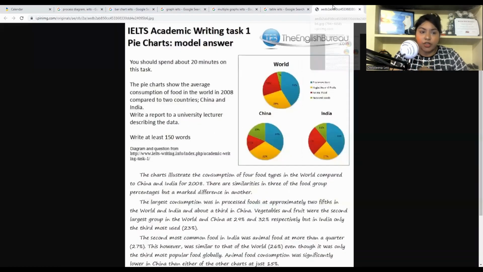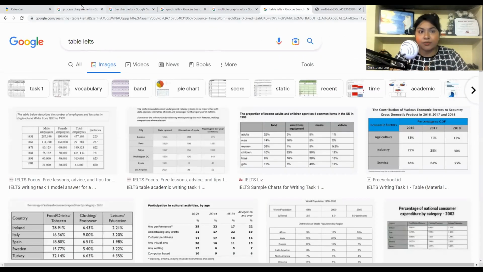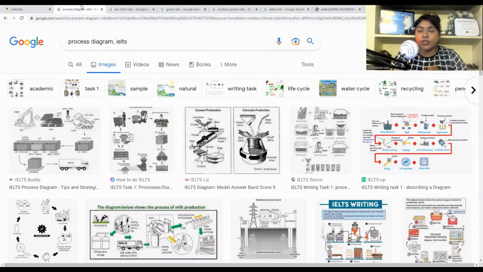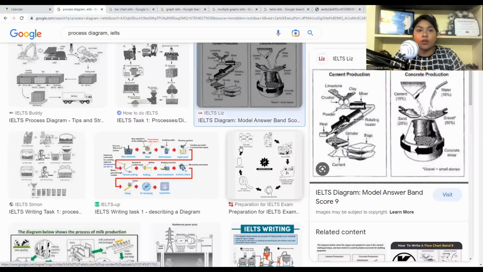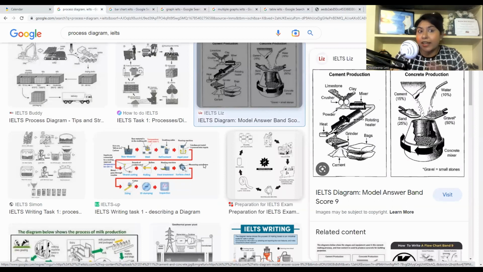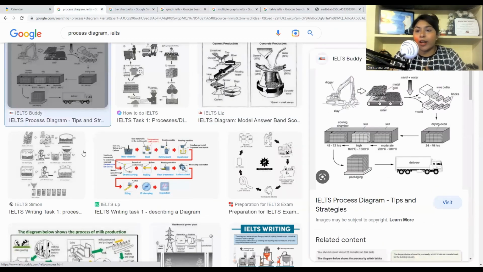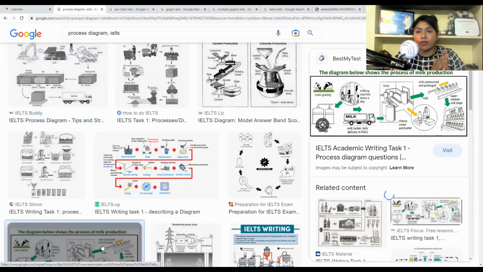locations of each part. And then we have a process diagram, which is another diagram describing how maybe fish is caught, processed, and then sold or delivered, or how cement is made versus how concrete is produced, or maybe the life cycle of a frog, or how bricks are made, etc. So basically, you'll have a flow chart with different pictures that describe how a certain process is done, and you need to turn this into words.